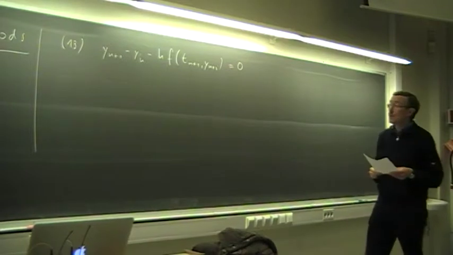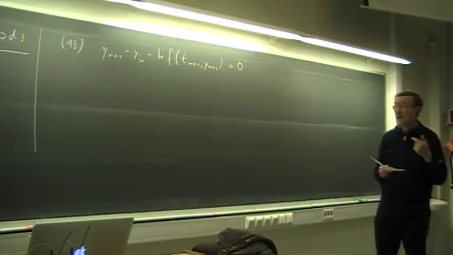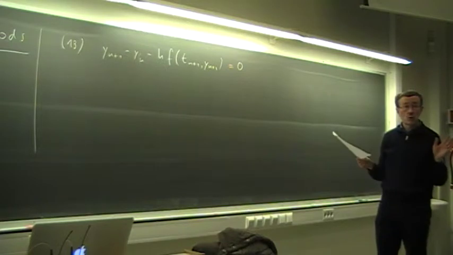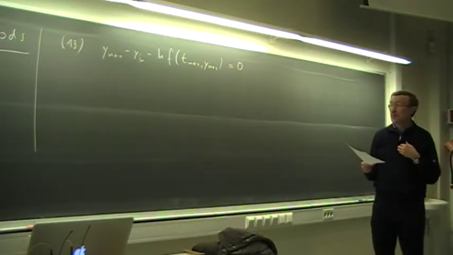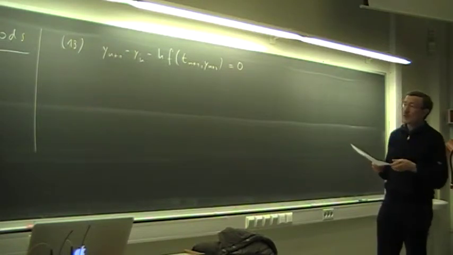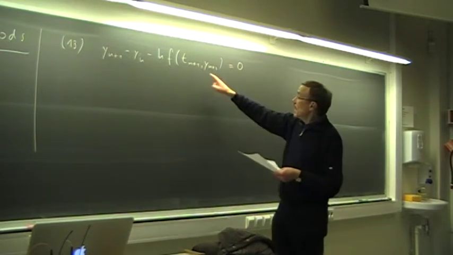It might be more difficult than for an explicit method. Imagine we would have a linear system, and we would have to solve this linear system. We don't have to solve linear systems when we use an explicit method. But now we want to discuss the nonlinear equation, so we assume now that f is nonlinear.